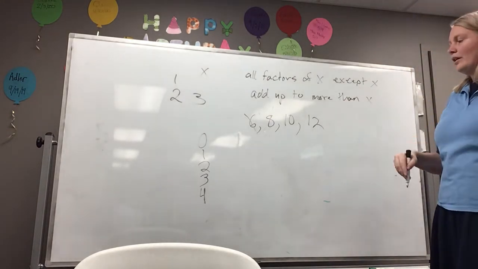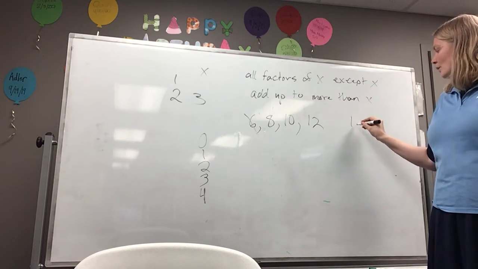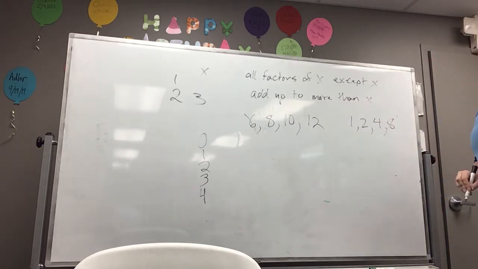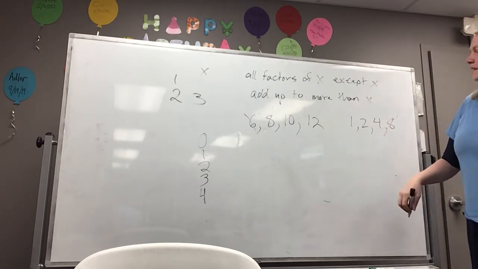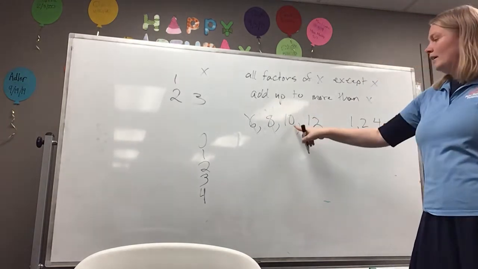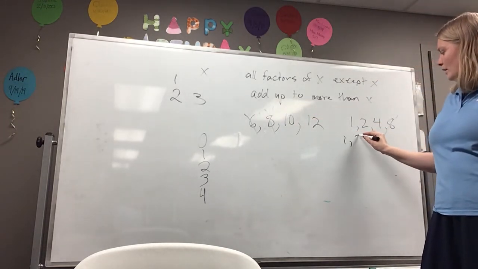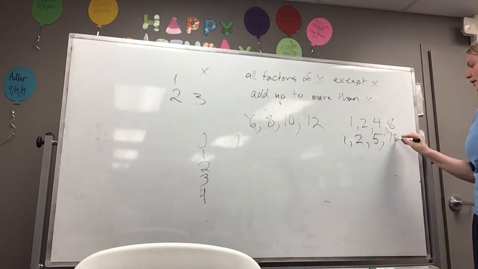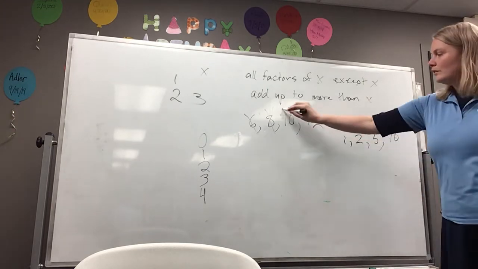For 8, what are our factors of 8? 1, 2, 4, 8. We throw out 8. 1 plus 2 plus 4 is 7. Not more. For 10, we have 1, 2, 5, and 10. That's out. Again, not enough.